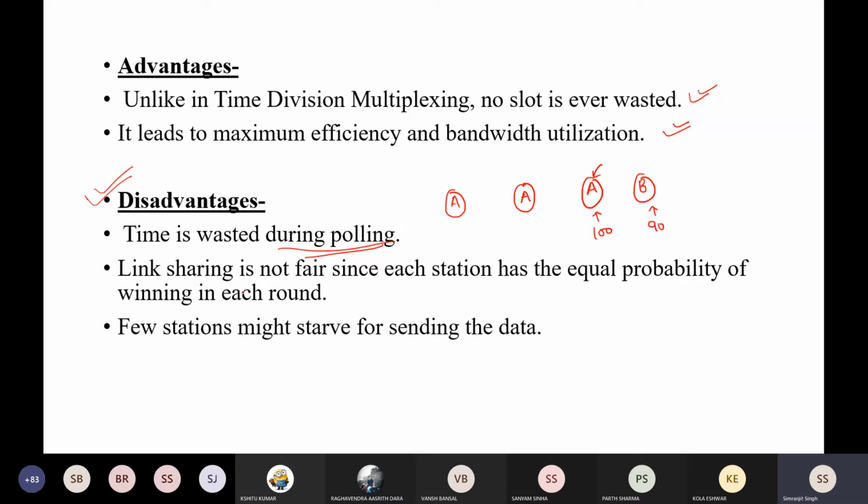That is why I'm saying that link sharing is not fair, since each station has an equal probability of winning in each round. Sorry, I've taken a wrong example, because this is not based on priority or on the amount of data you're sending. It is based on equal chance.